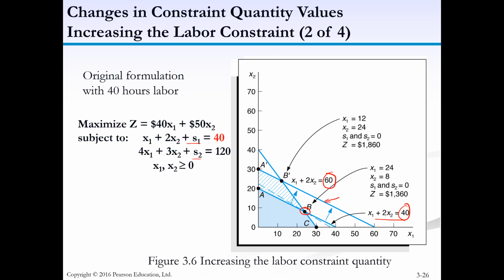When we move away from the origin, point B starts moving, and the new point is B prime. Now you can see that we have a new solution here: x1 is equal to 12 and x2 is equal to 24, and of course z will also vary because now we have a larger feasible region, and the profit will be increasing here.